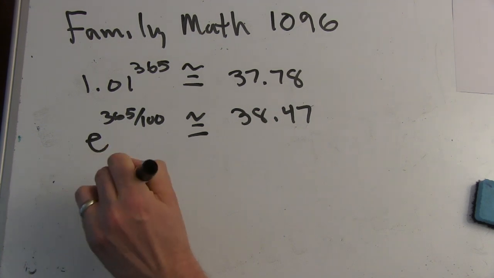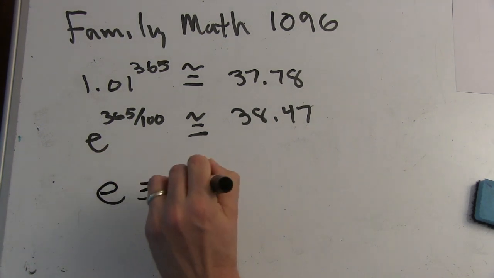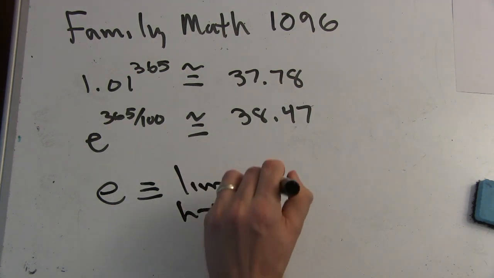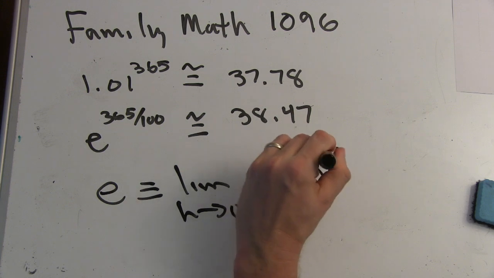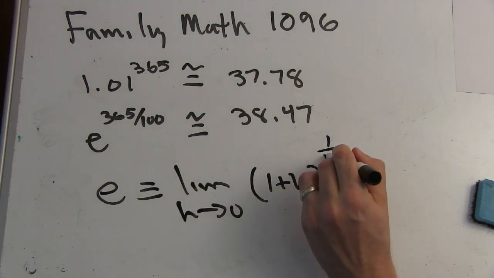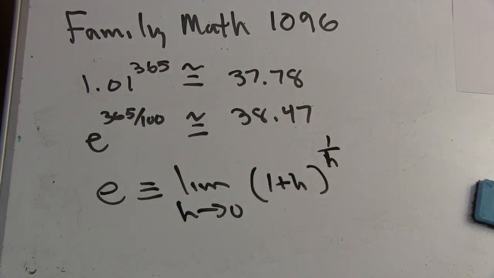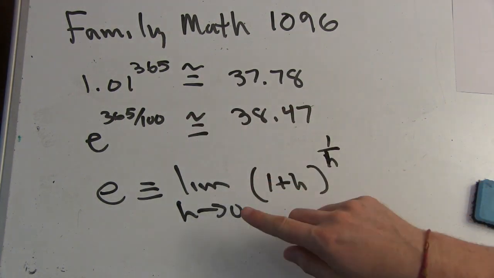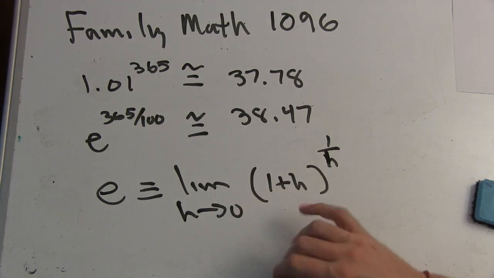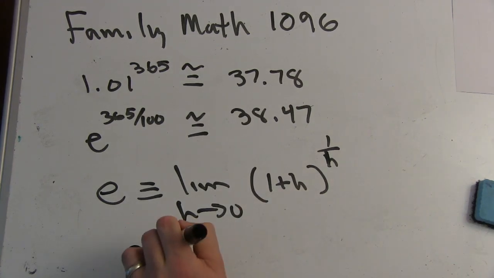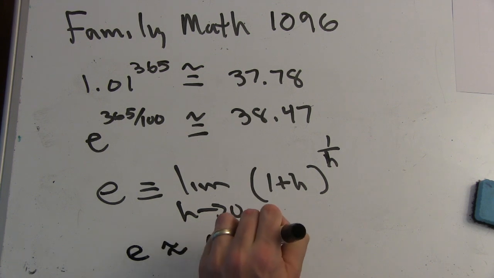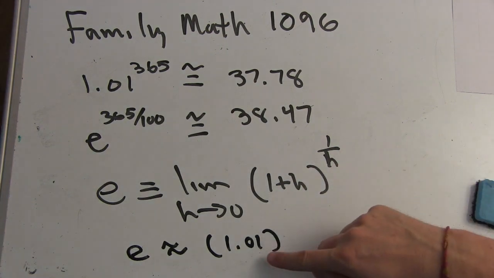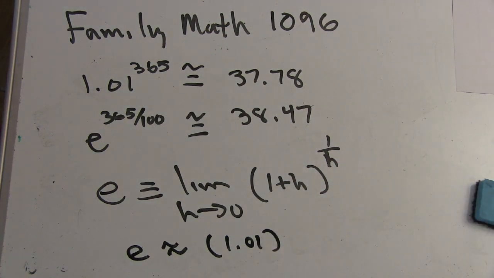We can say that e is defined to be the limit as h goes to 0 of 1 plus h to the 1 over h. Make sure that doesn't look like an n. So in other words, if h was 0.01 here, it's not going to 0 yet, but we would say e is approximately 1.01 to the, and what would 1 over h be if h was 0.01? 1 over h would be 100.